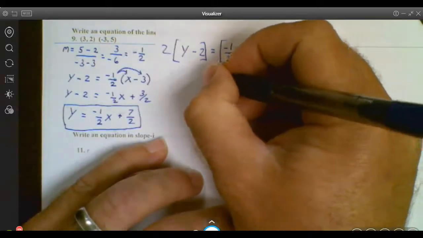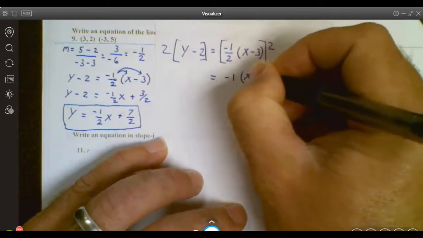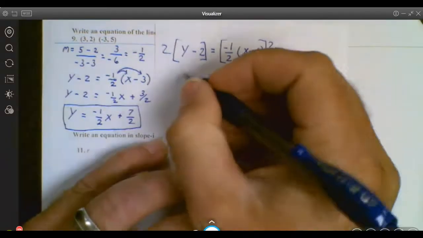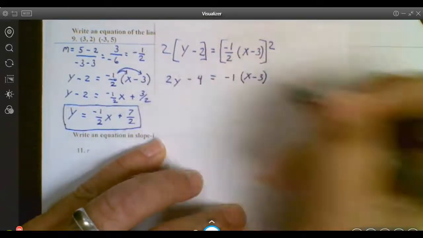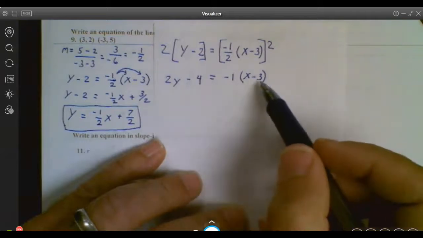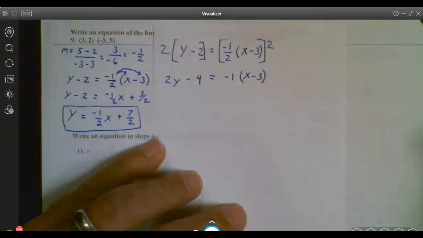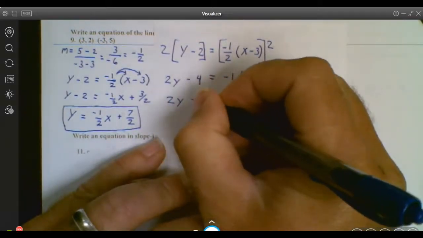So on the right side, I would now have this. And on the left side, I have 2y minus 4. But by doing that, look what you've done. You no longer have to work with fractions. So if you want to take that step, you can do it, not have to work with fractions, and let's see it still work out to be the same answer.